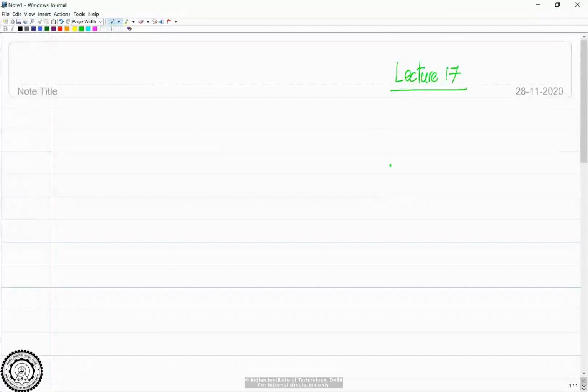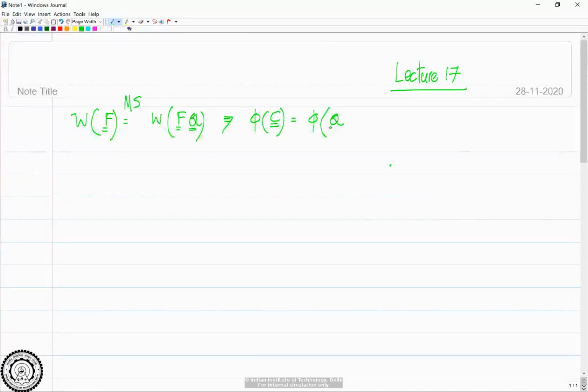You can recall that in the end, we had W of F equal to W of FQ, and that's due to material symmetry, which implies that phi of C is equal to phi of Q transpose CQ, and this is for all Q in the symmetry group of the material.